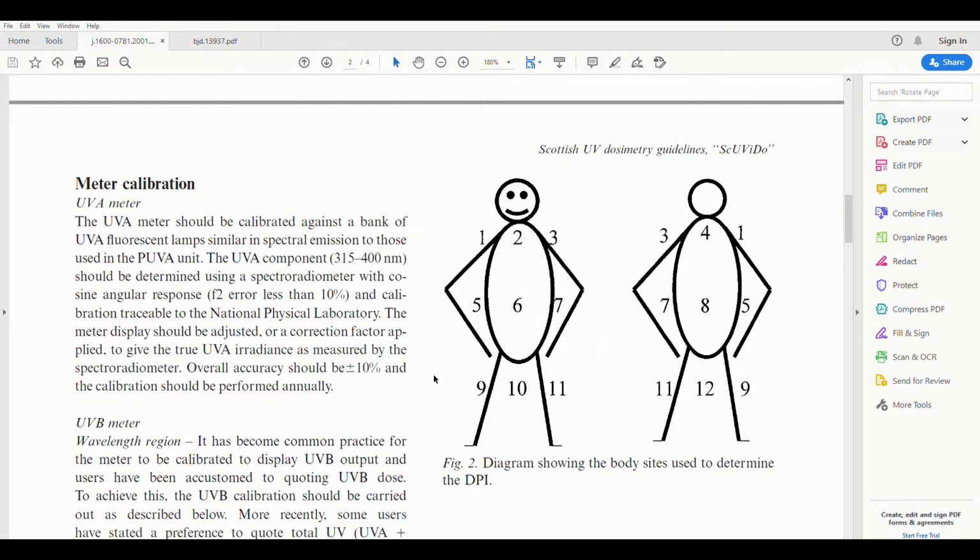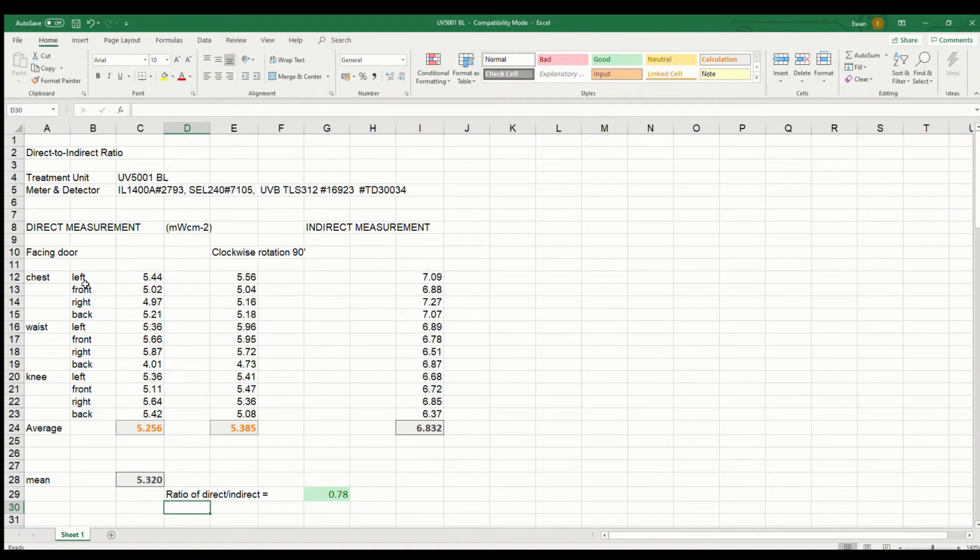Those 12 measurements are taken facing one side of the cabin, and then there's a 90-degree rotation and another 12 measurements are taken. Here's an example of the calculations that are done in order to get the direct to indirect ratio. These are our direct measurements that I've just described, the technique that we used to get those.